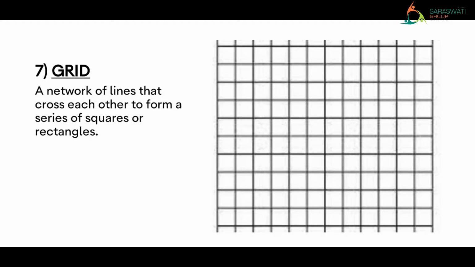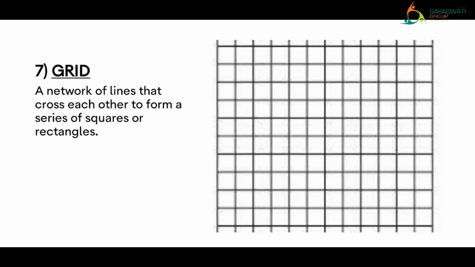Next one. Grid. Grid means a network of lines that cross each other to form a series of squares or rectangles. In the picture you can see that there are some horizontal lines and some vertical lines.